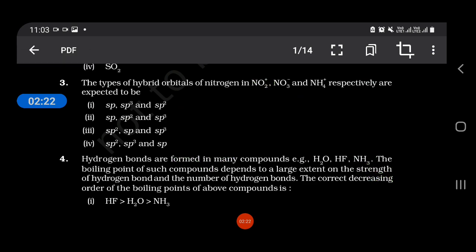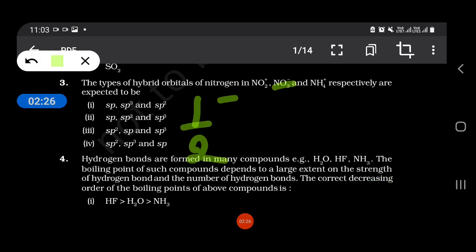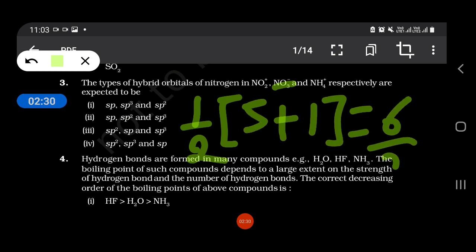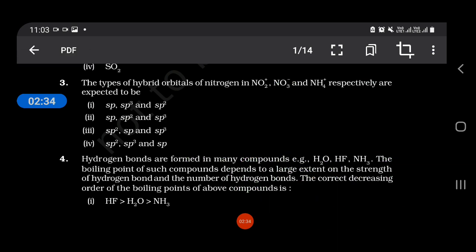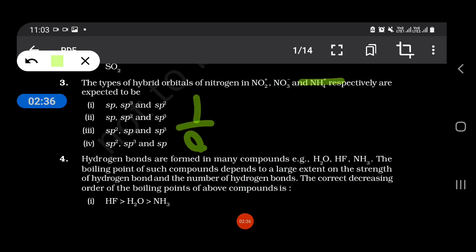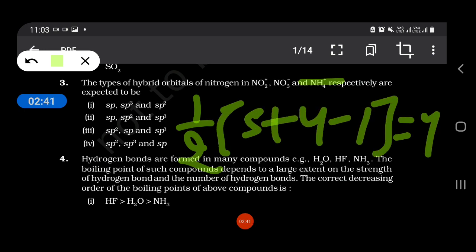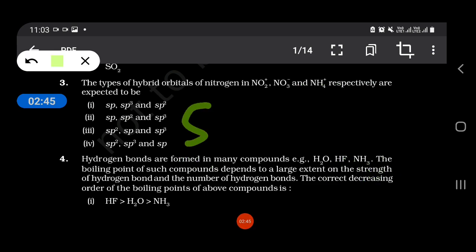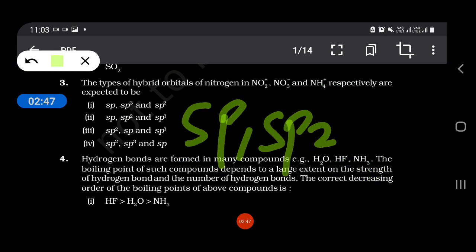And in NO3 minus, half of 5 plus 1, that is 6 upon 2, that is 3, sp2. Okay, and in case of NH4 plus, half of 5 plus 4 minus 1, that is 4, that is sp3. So our answer goes to sp, sp2 and sp3. So let's find it, that is this one.